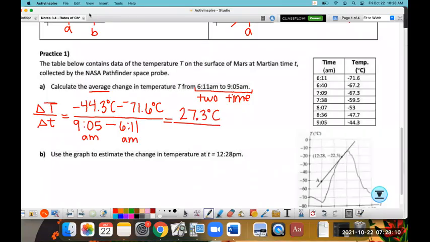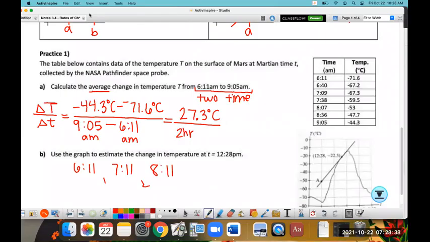As far as the time goes, let's see, I'm going to count up from 6:11. So 6:11, 7:11, 8:11. I'm not going to go to 9:11, otherwise I'd pass up 9:05. So that's 2 hours. All right.